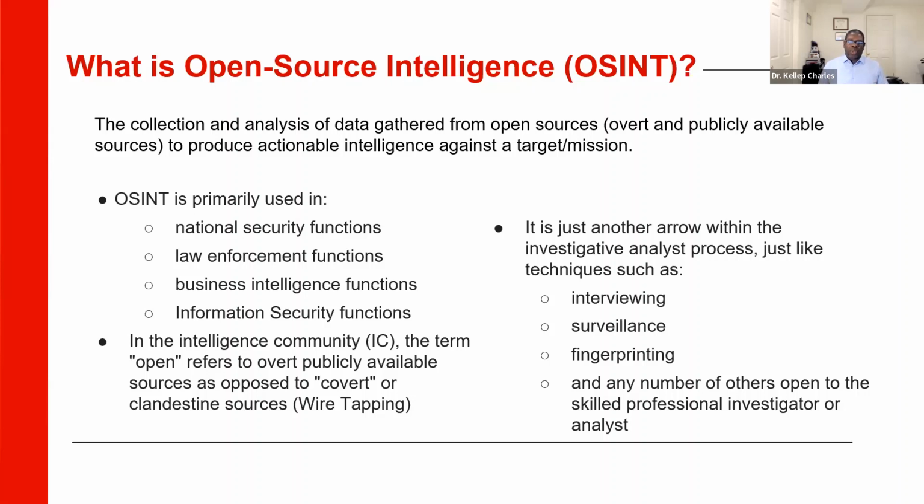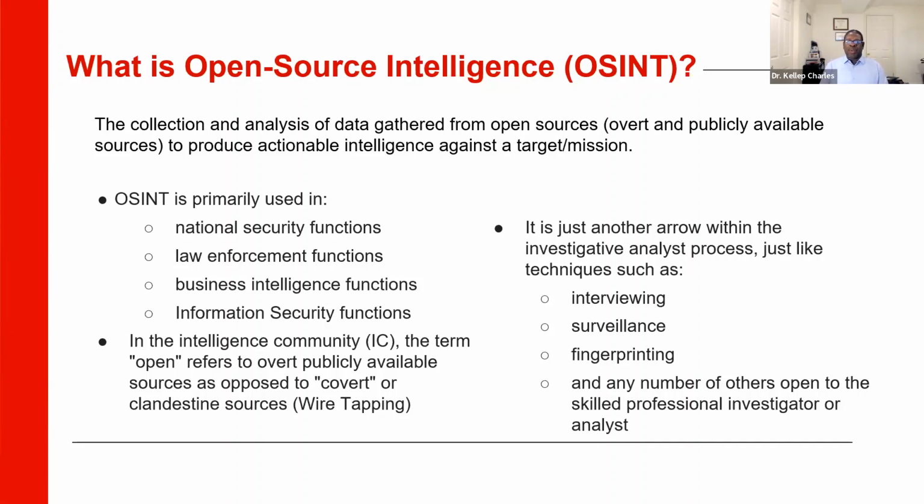As we know, when conducting a Google search on a person or a situation, you could get tons of information. If you have a mission and a target and you're using that collection and analysis process against that mission, you're able to have a more narrow focus and not have a lot of information that might not be necessary for the overall task you're trying to perform.